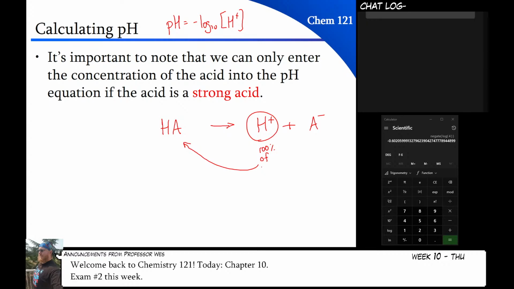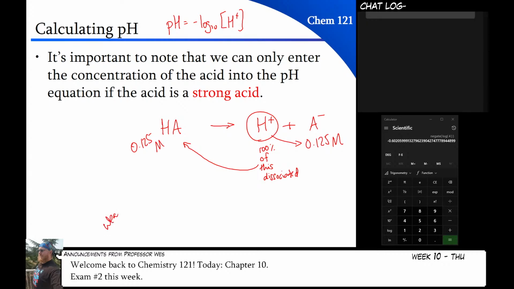So 100% of this dissociated. So if I said my acid's concentration was this, then I know that this ends up being that, because 100% of it dissociated.